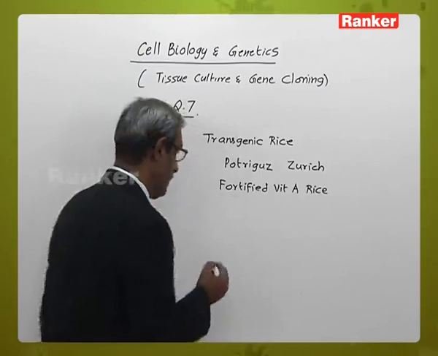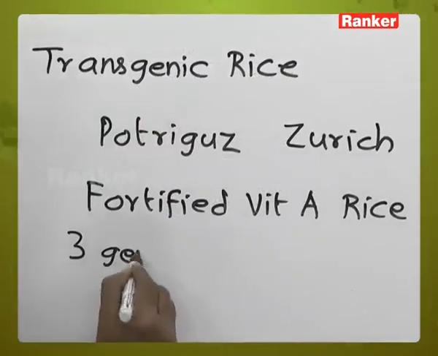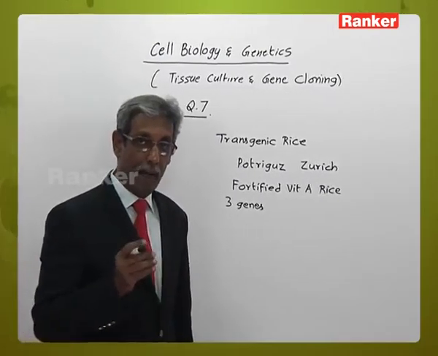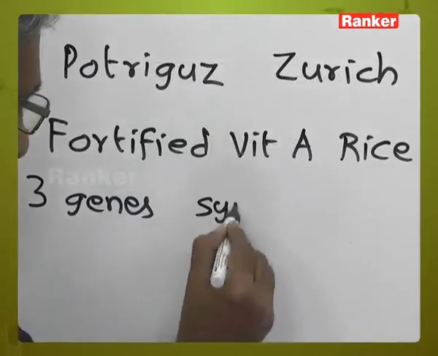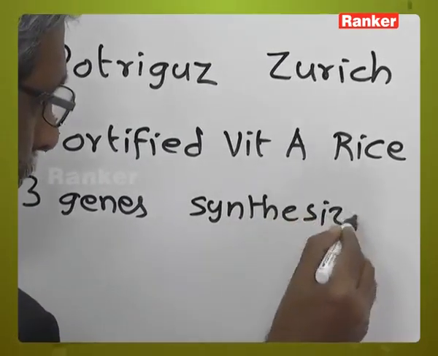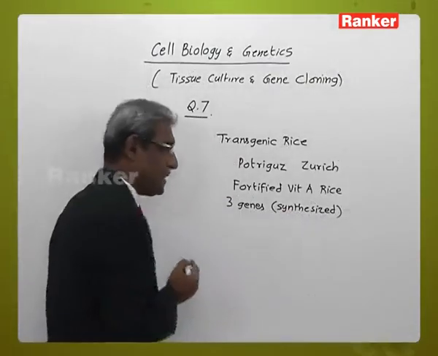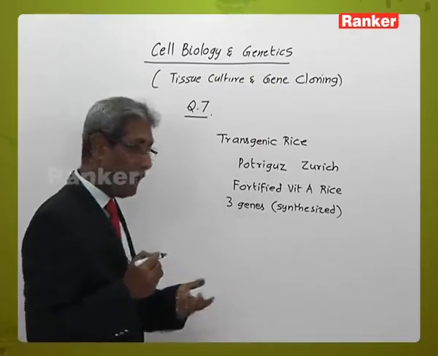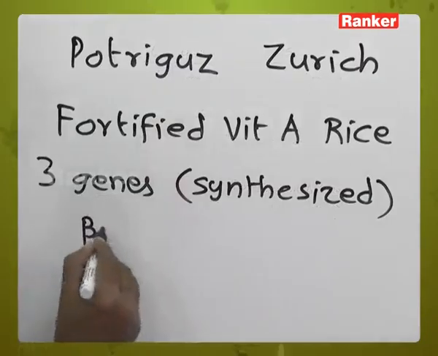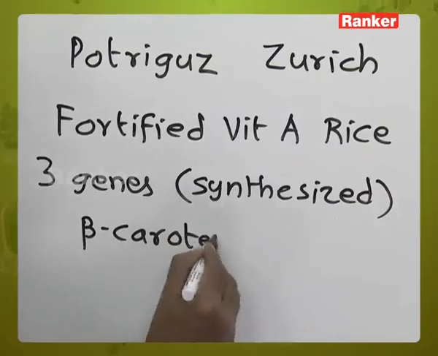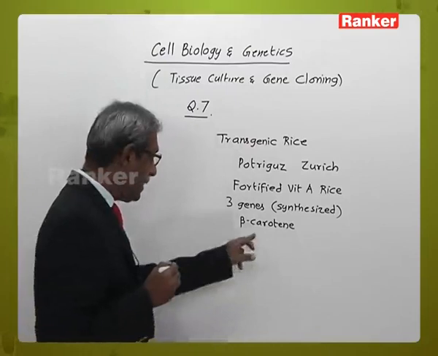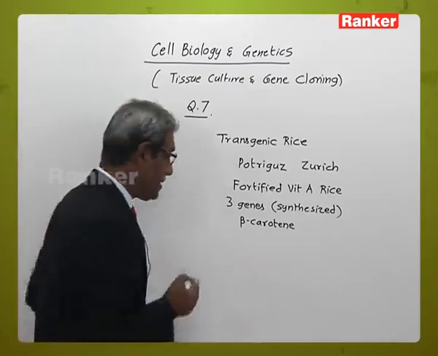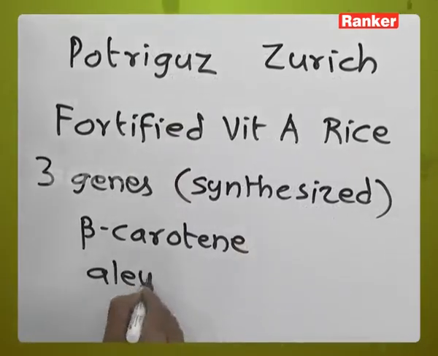In transgenic rice, 3 genes, 2 from a bacteria and another 1 gene from daffodil plant have been synthesized together. All the 3 genes led to altering a pathway. They could control a pathway of beta carotene. Genetically the 3 genes were engineered to secrete beta carotene, and beta carotene is primarily secreted in the aleurone layer.